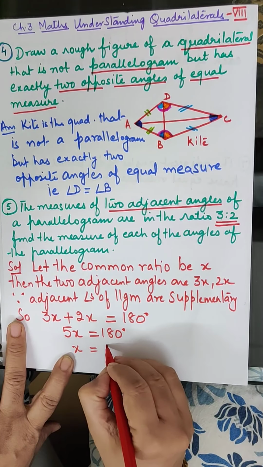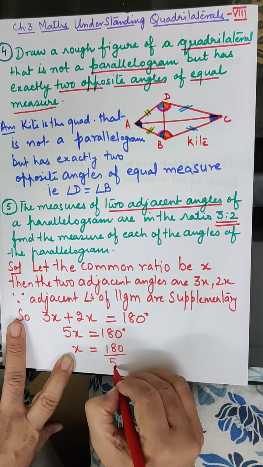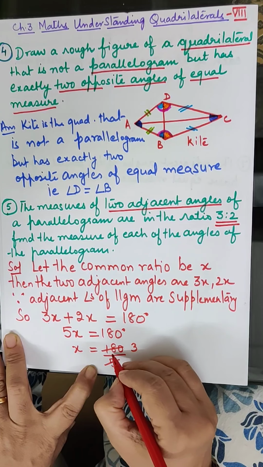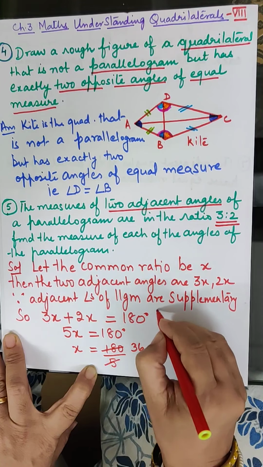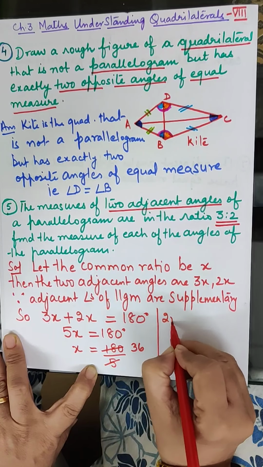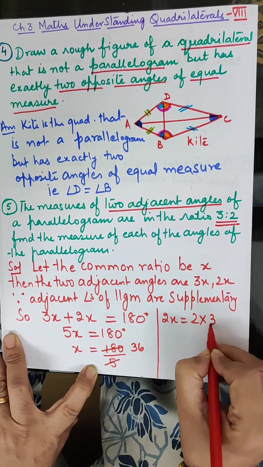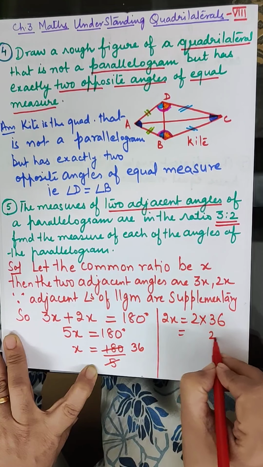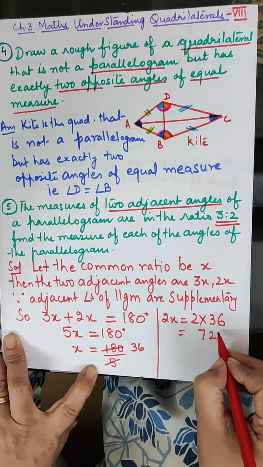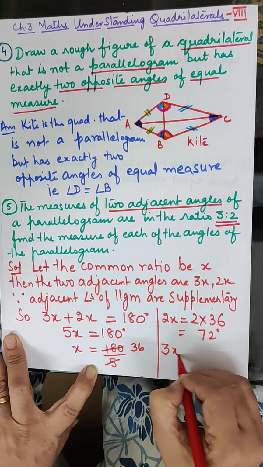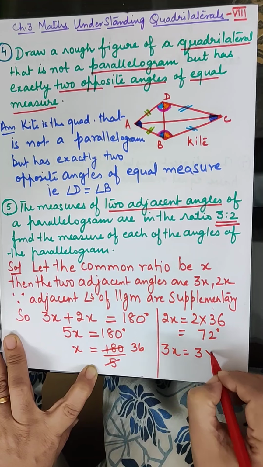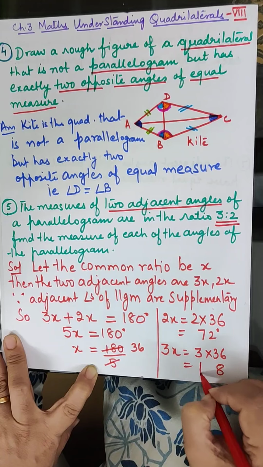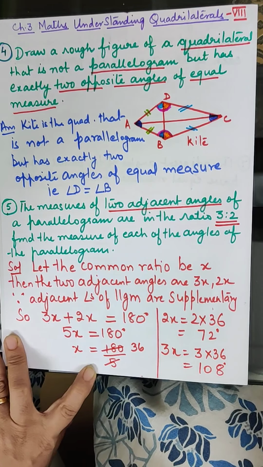So what is x? x is equal to 180 upon 5. Solve it. 5 3s are 15, 3 remainder, 5 6s are 30. So x is 36. So 2x is what? 2 into 36. 6 2s are 12, carry 1, 3 2s are 6, 72 degrees. And 3x is equal to 3 into 36, that is 108. 3 6s are 18, carry 1, 3 3s are 9 and 1, 10, 108 degrees.